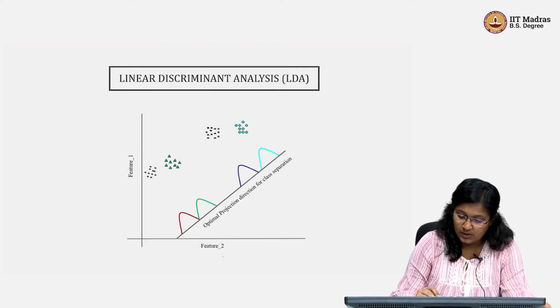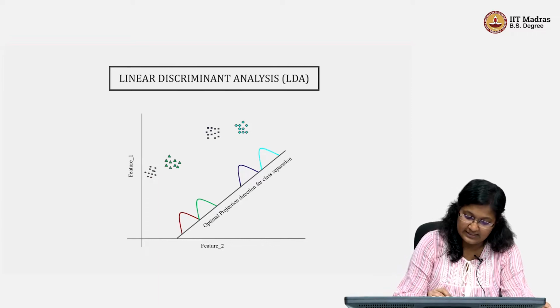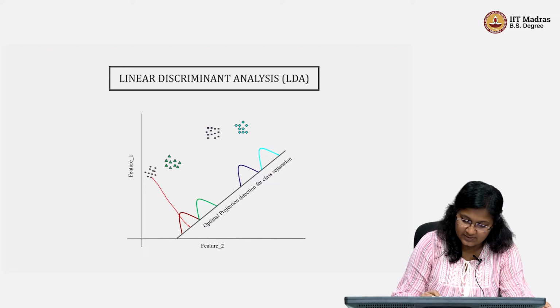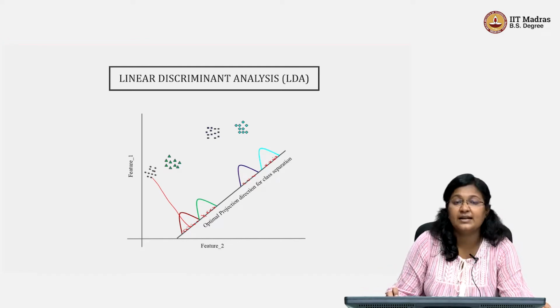So here, if this is the projection direction, we can see that each class gets projected to its own region, brown like this, green like this, navy blue like this, and light blue like this.